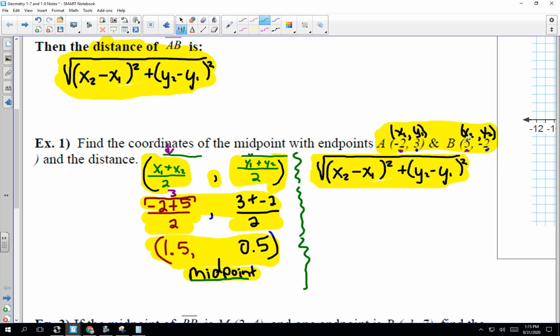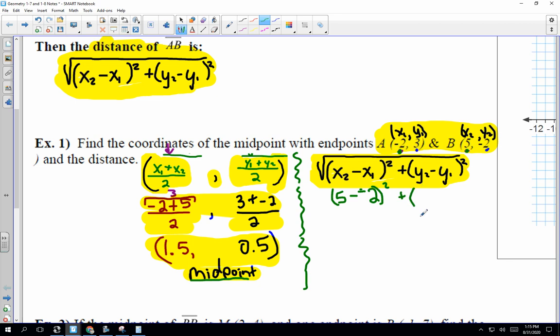So we're going to take x2, which is this 5 right here, and the x1, which is -2. We're going to go 5 minus -2 squared.